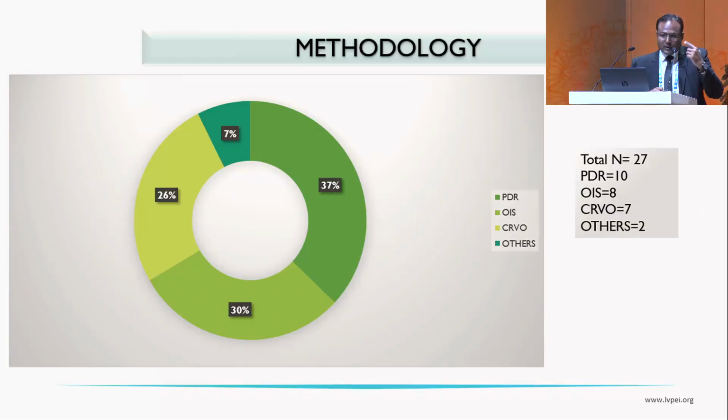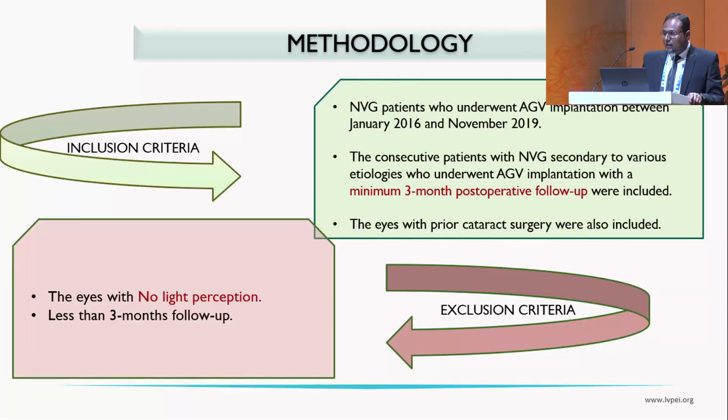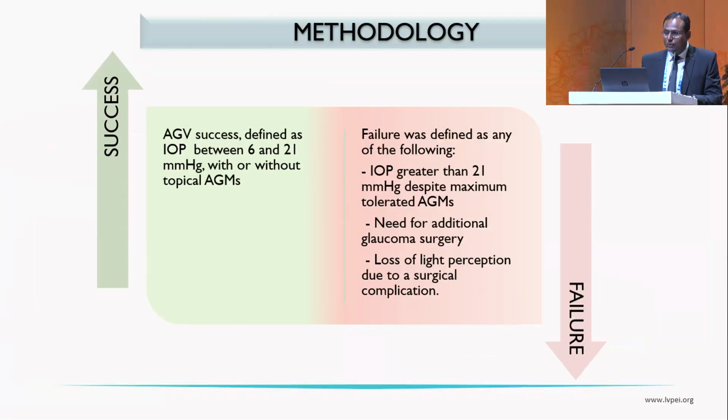Our groups were comparable. The patients in the other category included patients with post-occlusive vasculitis and retinopathy of prematurity. So we included all the patients who have undergone AGV implantation secondary to neovascular glaucoma with a minimum 3-month post-operative follow-up. The eyes with no light perception vision at presentation were excluded, and the eyes with less than 3 months follow-up were also excluded.